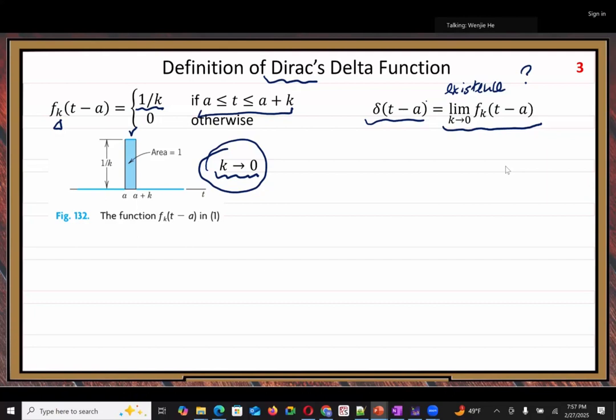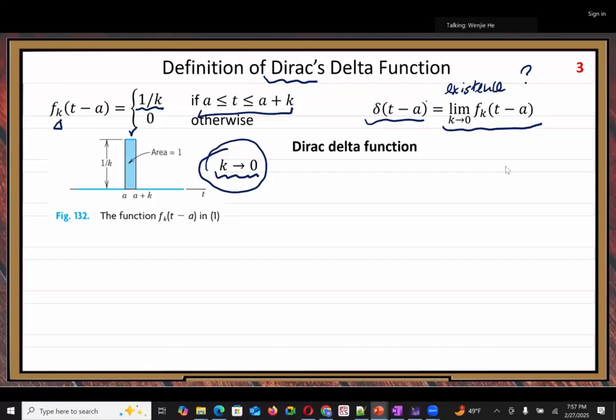This special function is extremely useful in real-world applications. So people have to accept this special object. Let's treat it as a special object. It may not be a function, it is a special object.